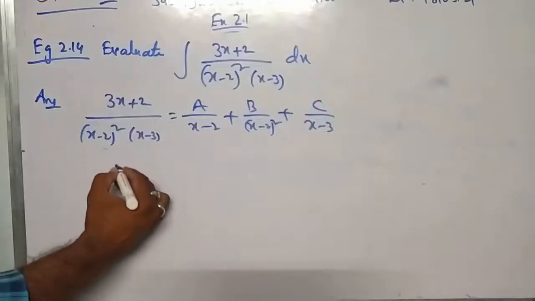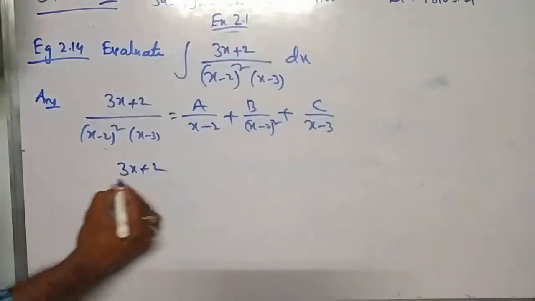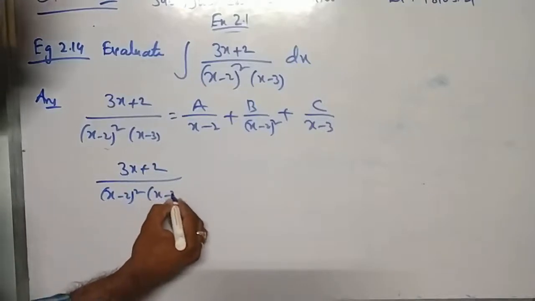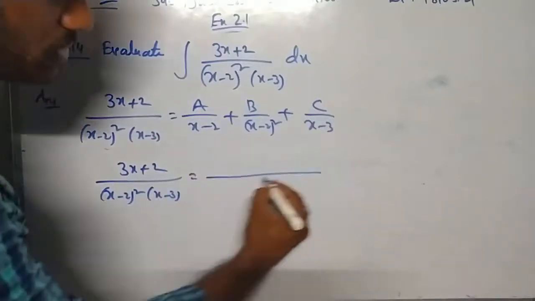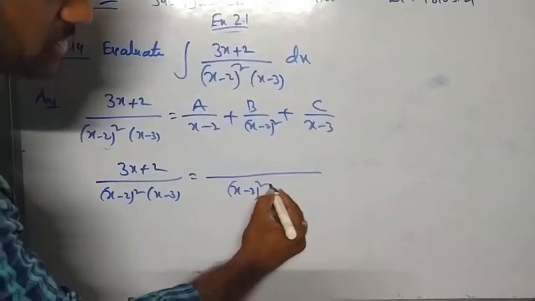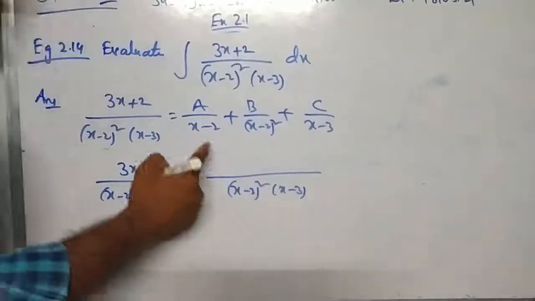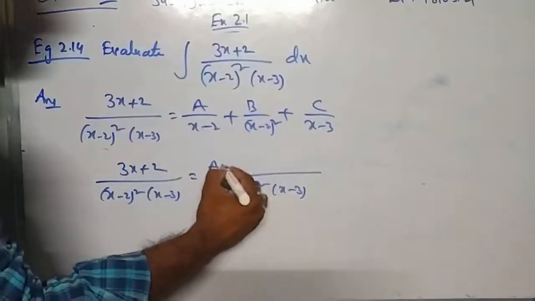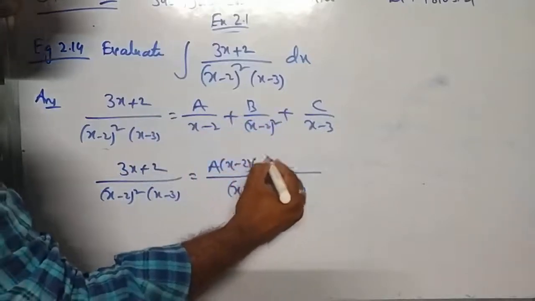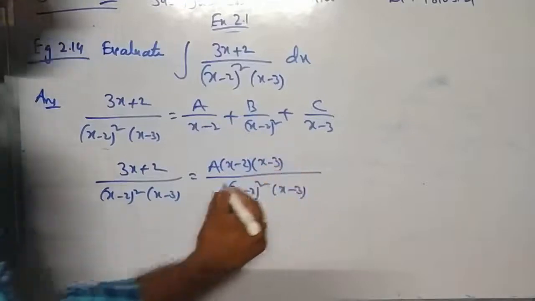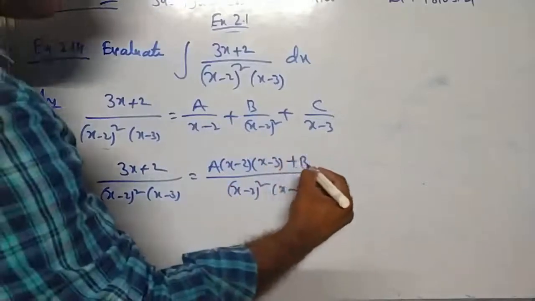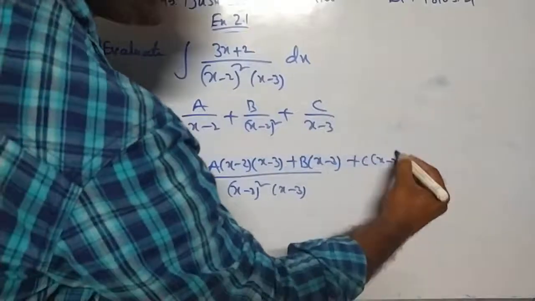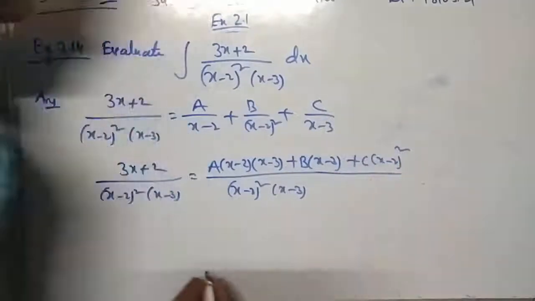Now, what is the LCM here? 3x plus 2 by (x minus 2) whole square into (x minus 3) is equals to, here the LCM is (x minus 2) whole square into (x minus 3). Here x minus 2 is there, another x minus 2 is not there, so it will become a into (x minus 2) into (x minus 3) plus b into (x minus 3) plus c into (x minus 2) whole square.